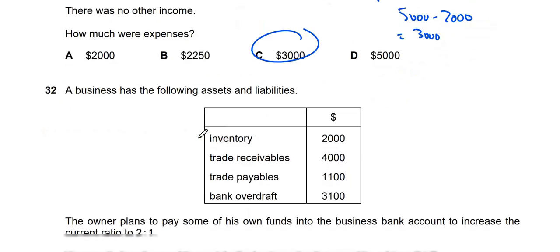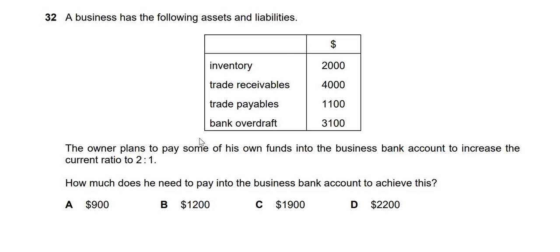Okay. Question 32. A business has the following assets and liabilities: inventory, trade receivables, trade payables, bank overdraft. The owner plans to pay some of his own funds into the business bank account to increase the current ratio. How much does he need to pay? Okay. So for a question like this, first of all, you need to know the formula for current ratio.